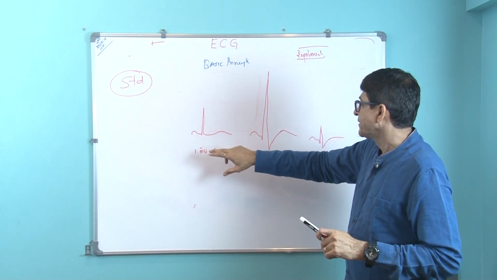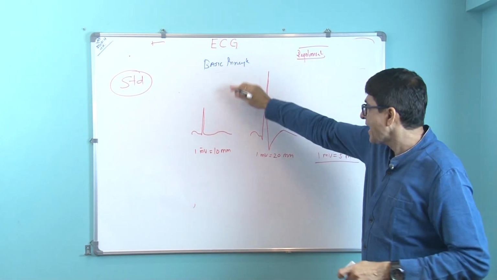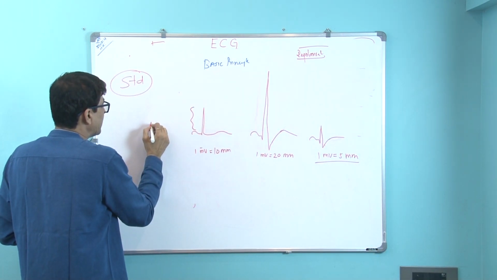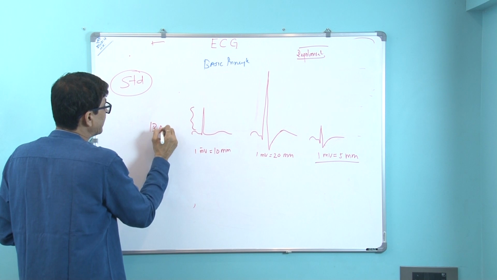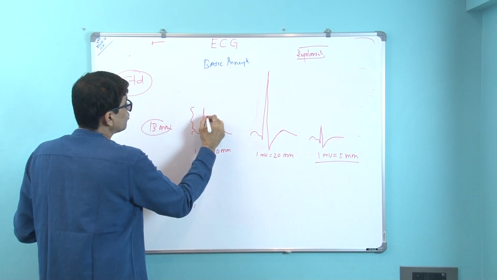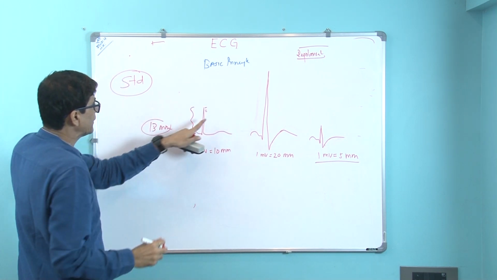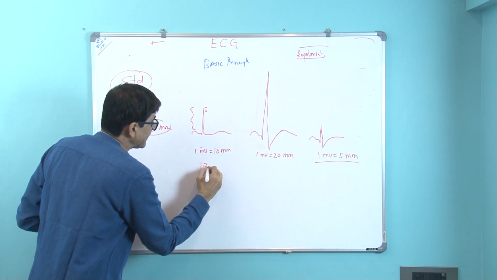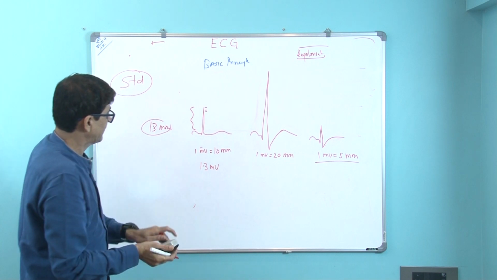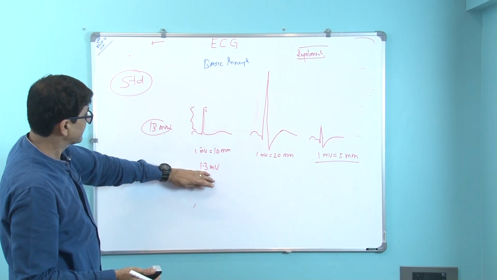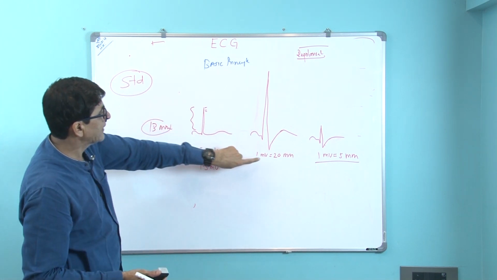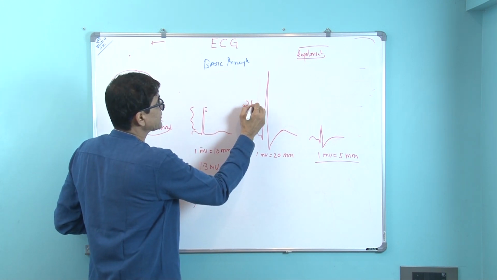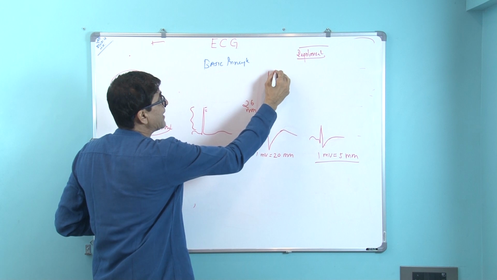Now again you see, suppose this R wave height is 13 millimeter, you measure 2 big squares and 3 small lines. So a 13 millimeter R wave means how much potential difference has been generated? 1.3 millivolt, right? But if I do standardization double, it will record 26 millimeter height of the R wave.